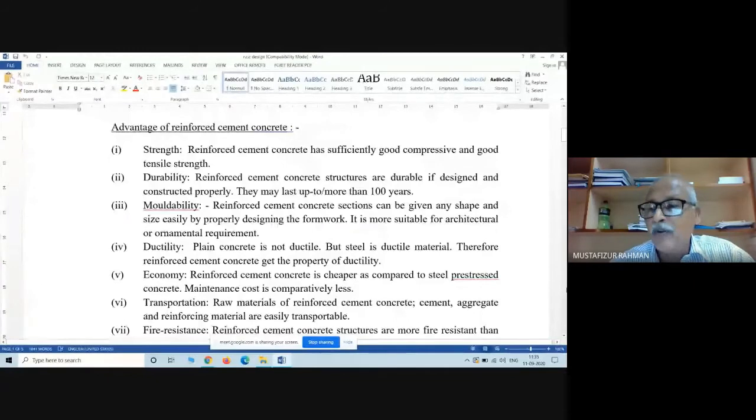This is the rusting problem. If you keep a bundle of steel rods in the atmosphere, say in your courtyard, for 2 years, you will see there is rusting.